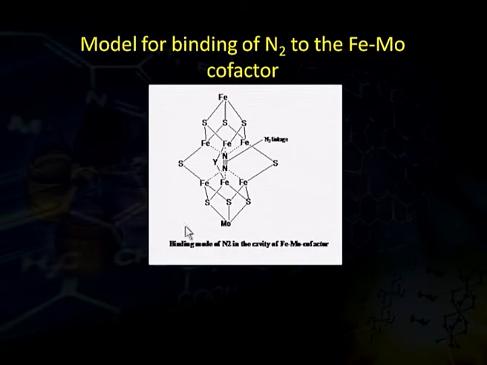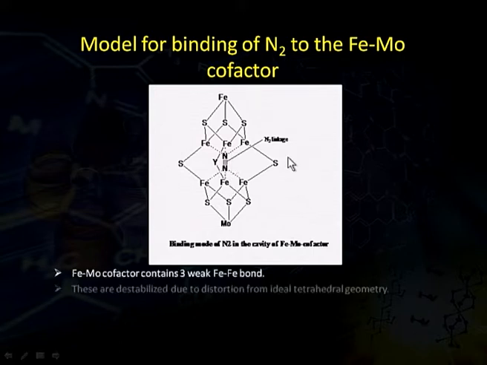This is the model for binding of nitrogen to the FeMo cofactor. Here we can see that since this iron interaction was very weak, nitrogen easily comes in between the iron atoms and forms multiple bonds with the iron. FeMo cofactor contains 3 weak Fe bonds. These are destabilized due to distortion from ideal tetrahedral geometry.